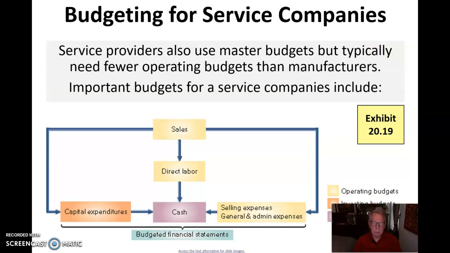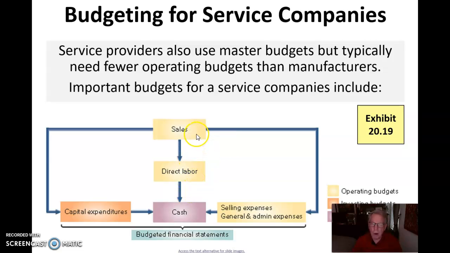Now, we'll take a look at budgeting for service companies. Service providers also use these master budgets, but they need fewer operating budgets because they don't have the degree of complexity that a manufacturer would.